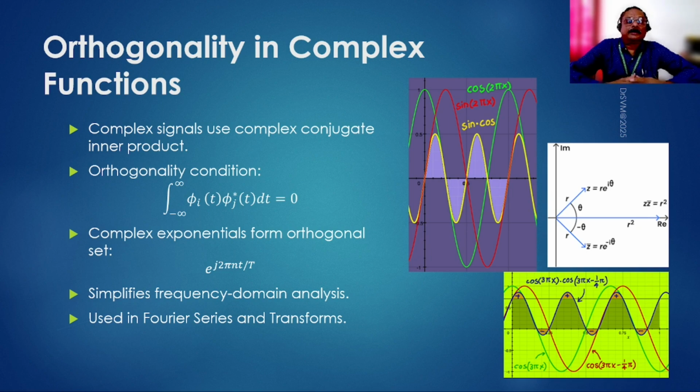That way we can say that the exponential is orthogonal, and it is in a complex form, and the value of n is from 0 to infinity, and all infinite components together will form a complex signal space, and any signal can be represented as a sum of these orthogonal complex signals, orthogonal exponentials, and all these things are going to simplify our frequency domain analysis. So that's it for now. Thank you.